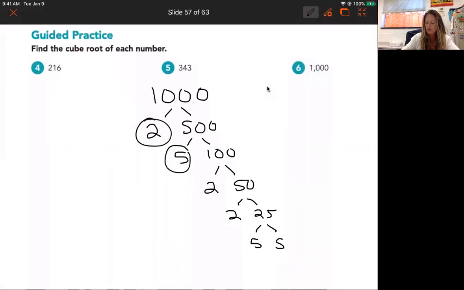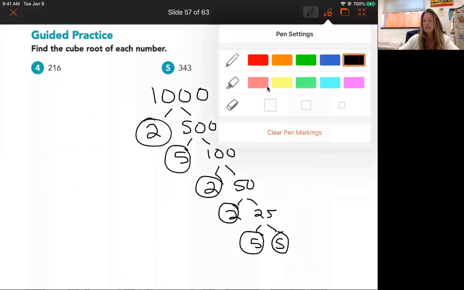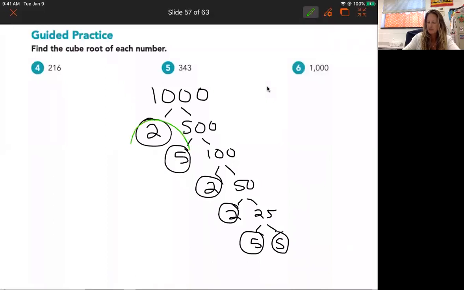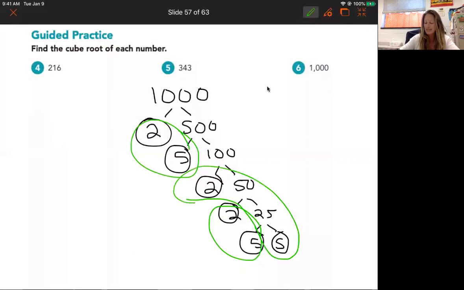We've got 2, 5, 2, 2, 5, and 5. Again, I need to split up into 3 identical groups. So a 2 and a 5 can go in each group, right? So now 2 times 5 would be 10. So I know that 10 times 10 times 10 is 1,000. So I know my cubed root of 1,000 is 10.